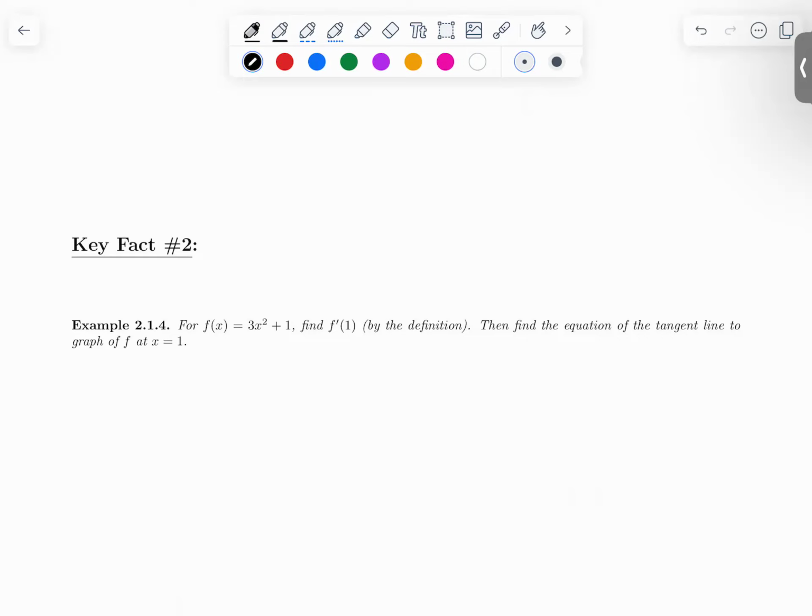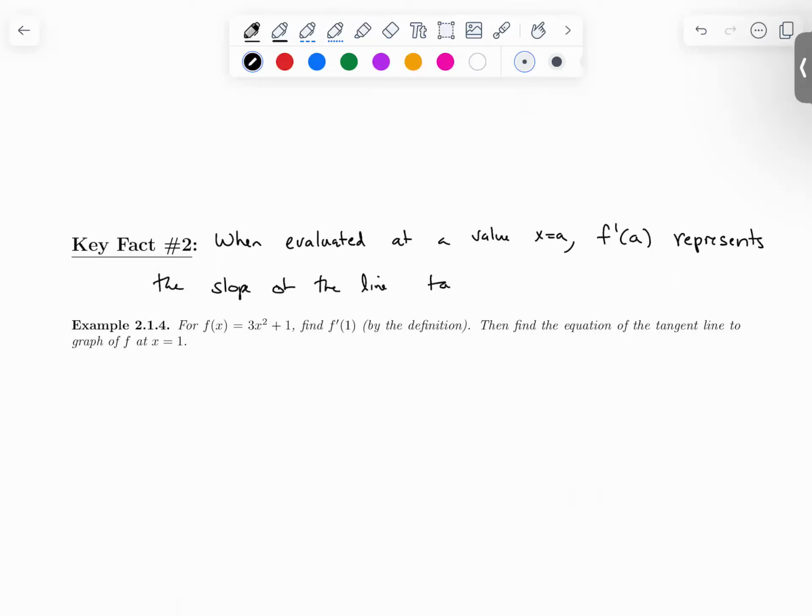So the derivative, when evaluated at a point or at a value x equals a, f prime of a represents the slope of the line tangent to f at x equals a.